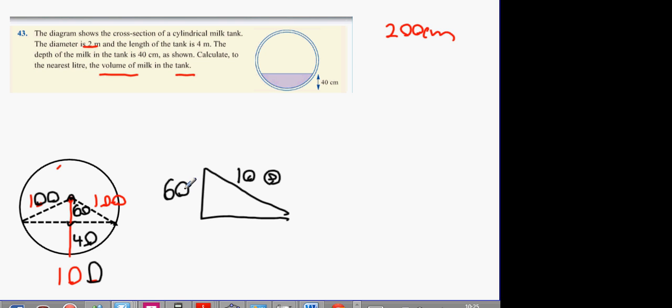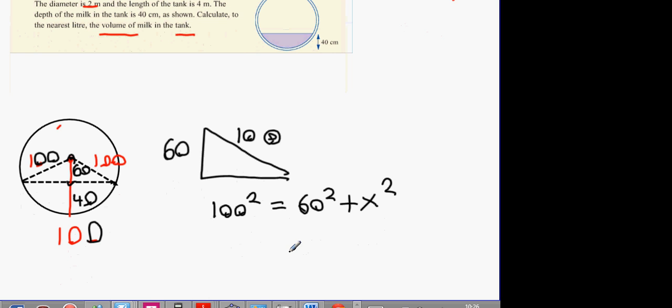Do Pythagoras' theorem to find the other side: 100 squared equals 60 squared plus x squared. When I solve that, x equals 80. Does everybody know how to solve it? Bring the 60 to the other side, take it away, square root it, and it ends up being 80.